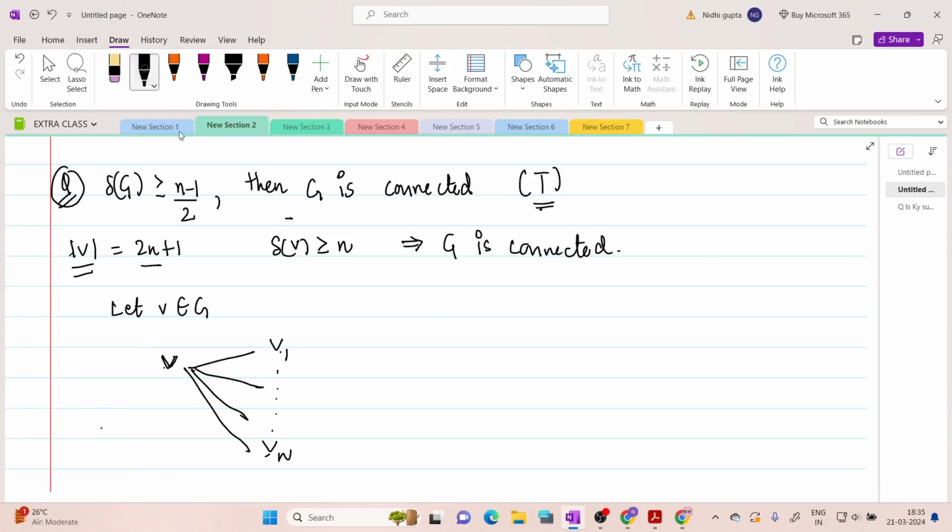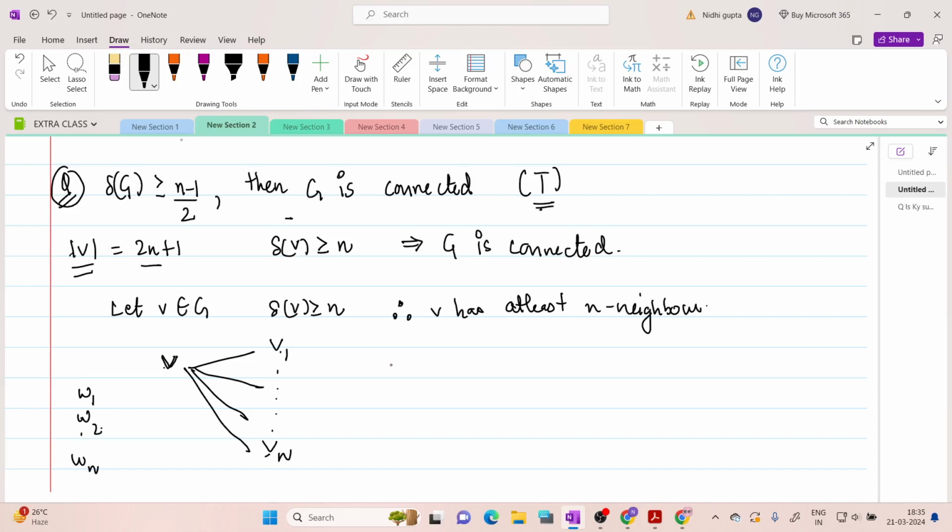So let v belong to G, then the minimum degree is greater than or equal to n. Therefore, v has at least n neighbors, that is v1 to vn. Now the graph has 2n plus 1 vertices. So this is n vertices, and suppose these are the leftover n vertices.